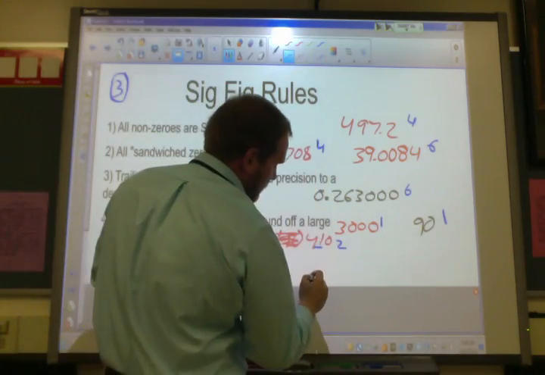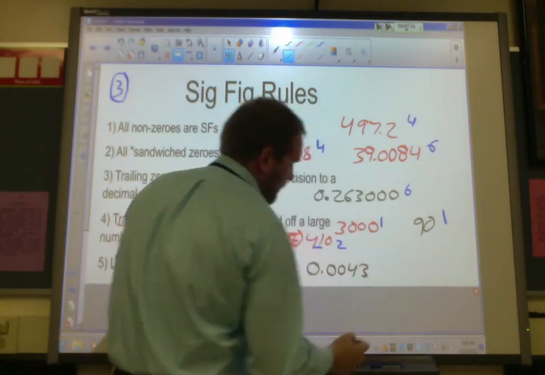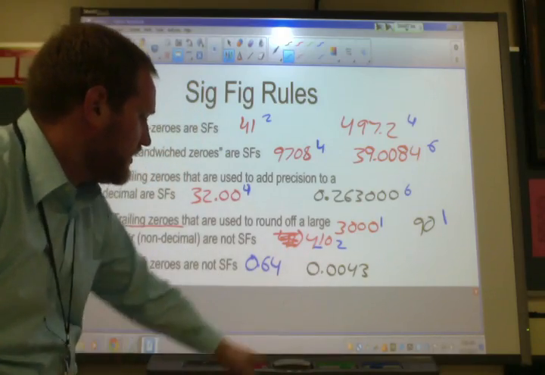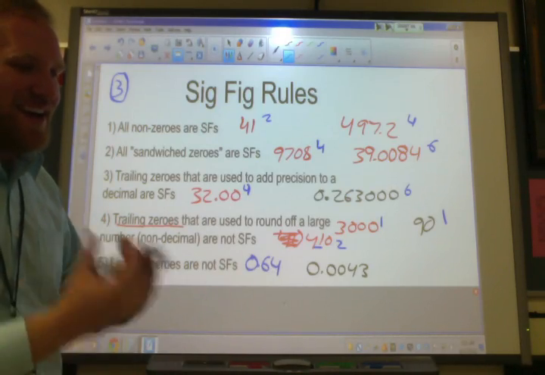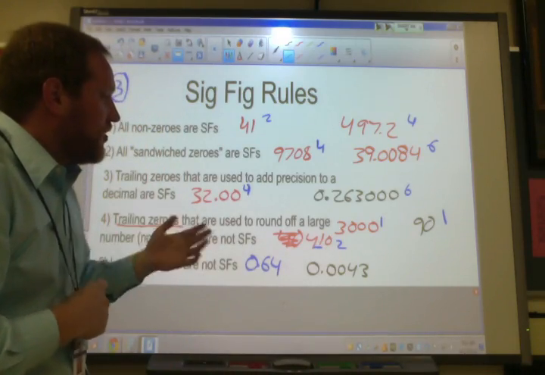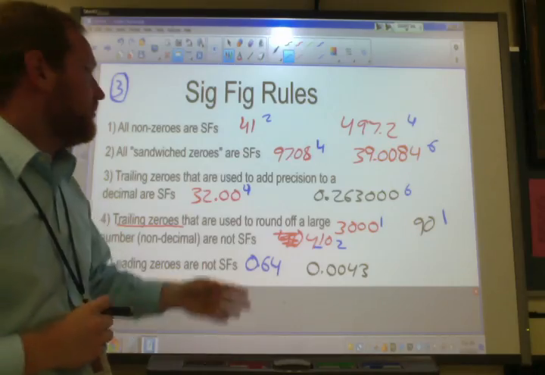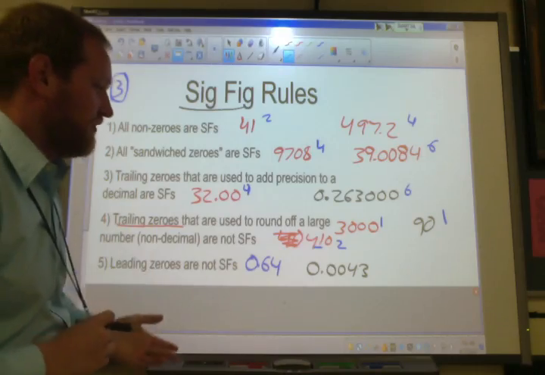Usually this rule applies to long decimals like 0.0043. So this one, these zeros all don't count. They're necessary, yes. You can't not include them because the number would change by 1,000 times. But they don't add anything to the precision of the number. And with sig figs, we're talking about which numbers add to the precision, which are important for precision.